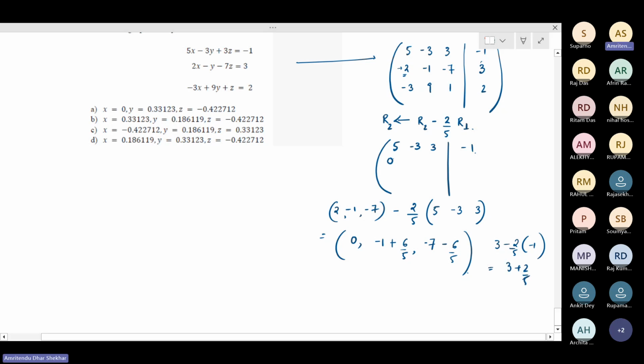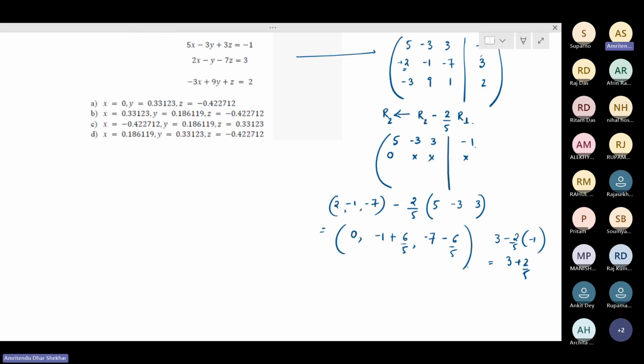So when you do that computation, whatever the entries are over here, you'll get a new entry, but this term is now equal to 0. Similarly, you modify the third row as well.